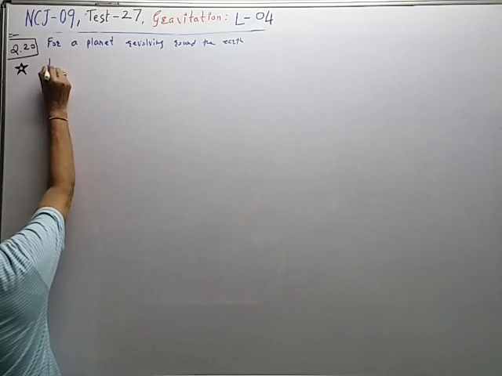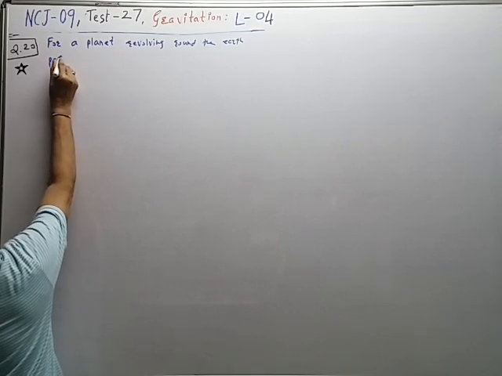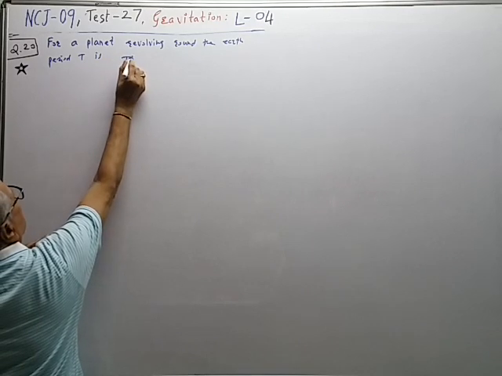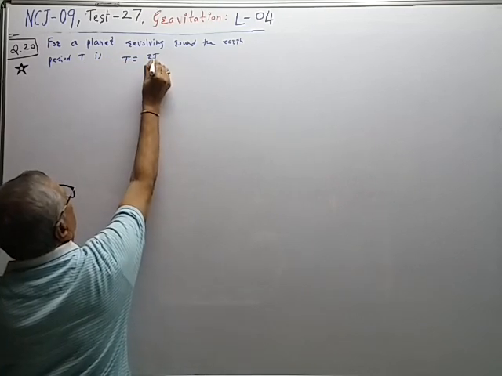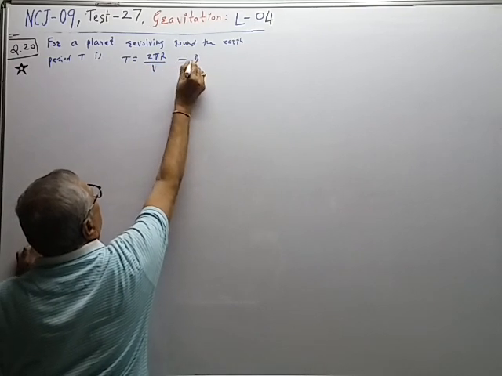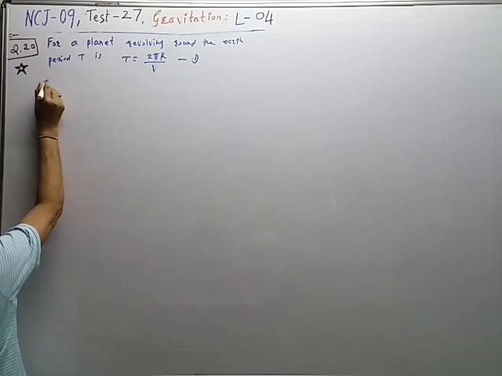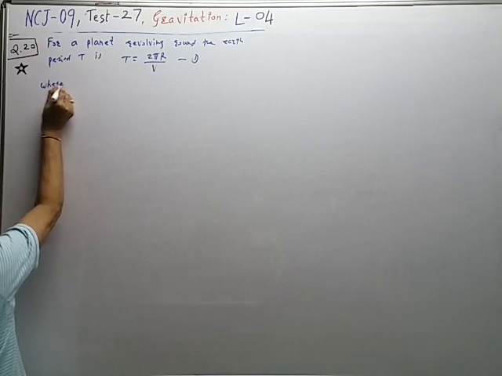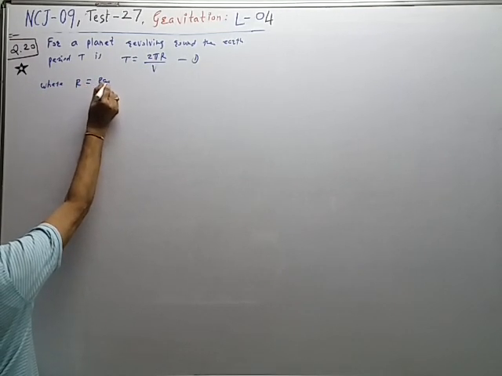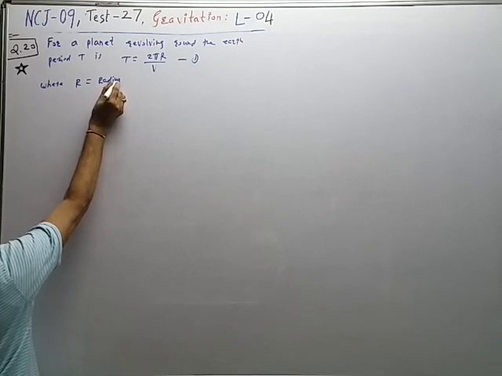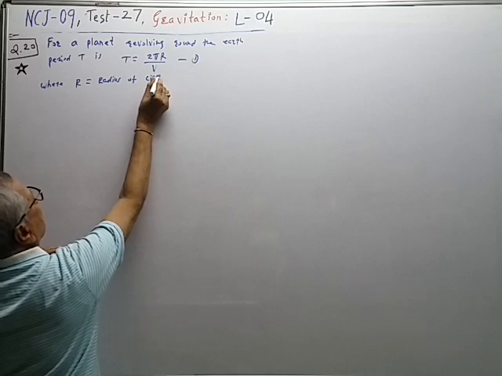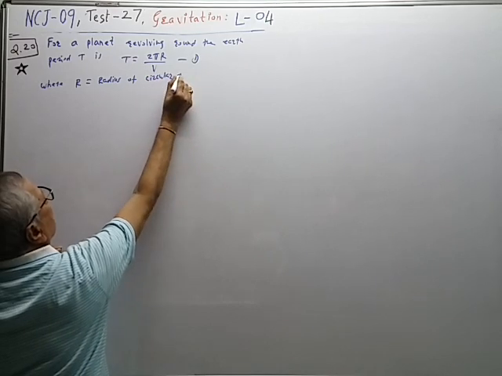The period capital T is equal to 2 pi r upon v. This is equation 1, where r is equal to the radius of the circular orbit.